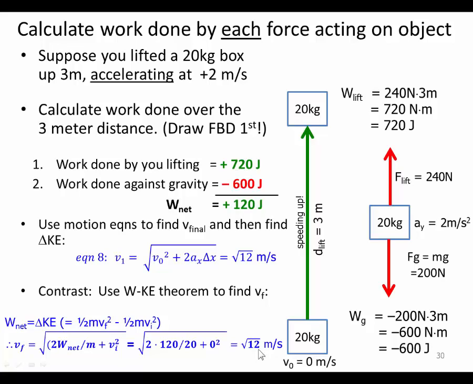You get 12 meters per second again. So they match. That shows we can solve for these velocities in two different ways. And you'll find going forward that in many cases, if you don't care about the time it takes to do something, energy methods are a little bit quicker than motion equations.